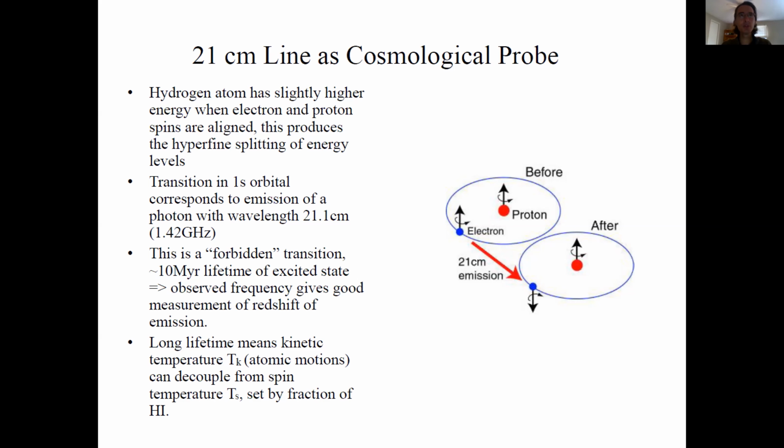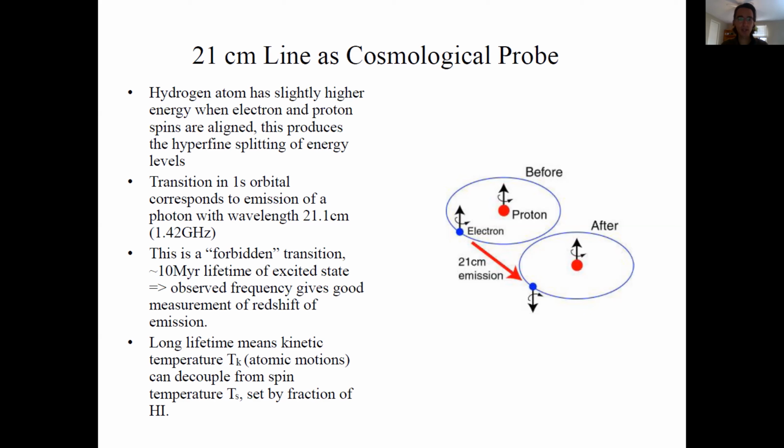And this is really useful as an astrophysical and cosmological probe for a number of reasons. The first is that it's a classically forbidden transition, so the lifetime of the excited state is very long, on the order of 10 megayears. That makes the emission line very thin in frequency, so you get for free, along with your measurement of the intensity of this line, a determination of its redshift, of its distance.